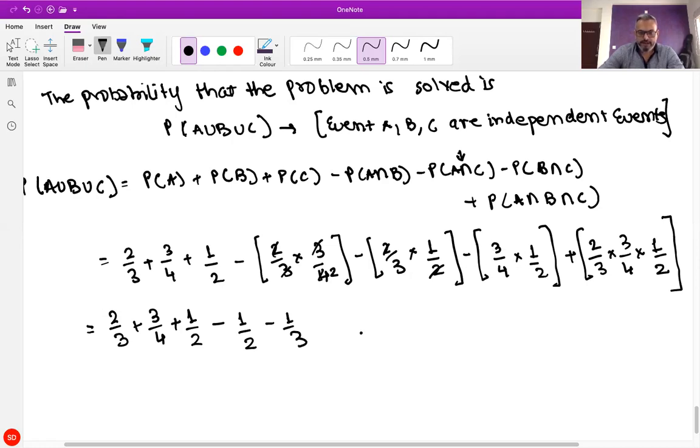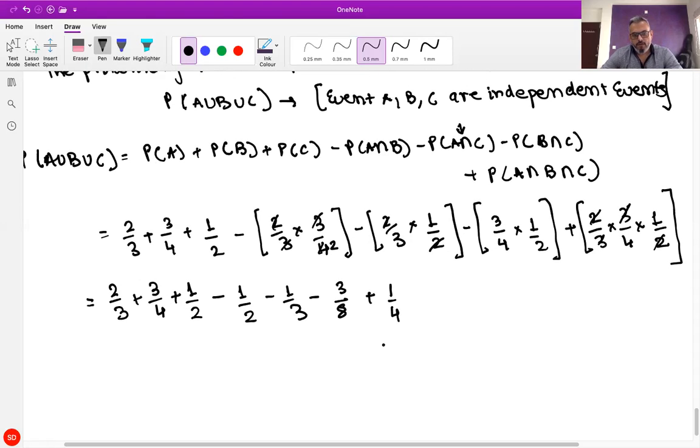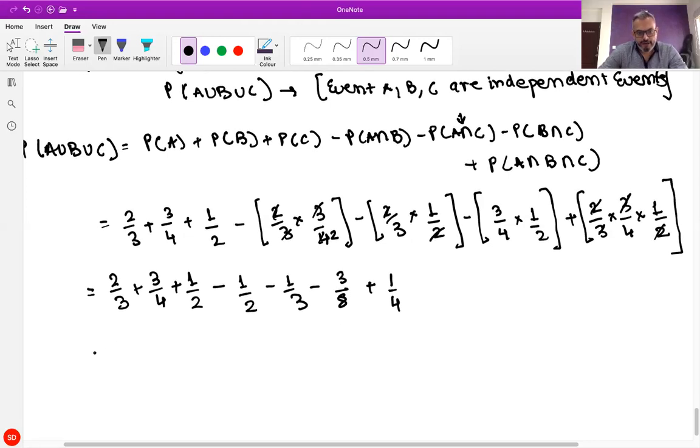Now here we can't cancel anything, so minus 3/8, plus 3 into 2 into 1, here also we can cancel them, 1/4. Now what is the LCM? So 8 3's are 24, 24 we take as the LCM.